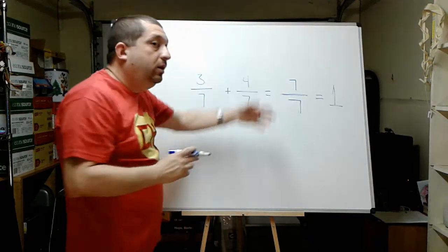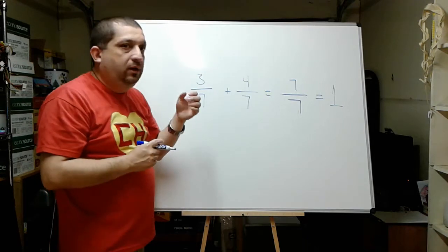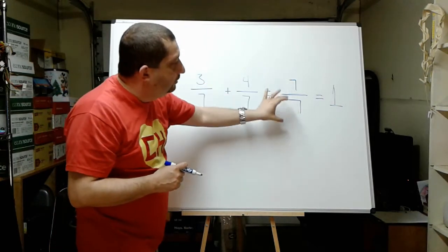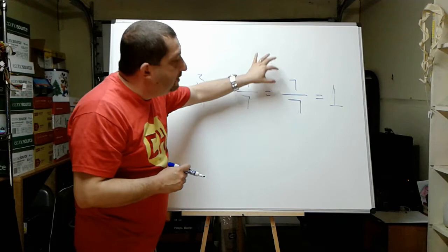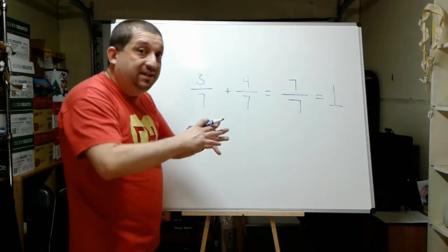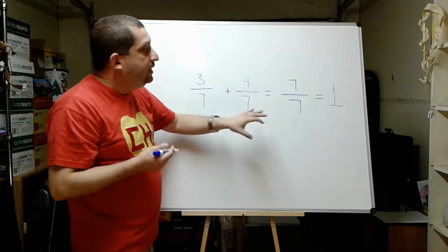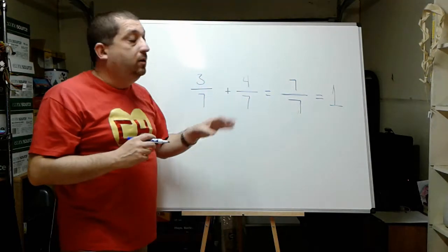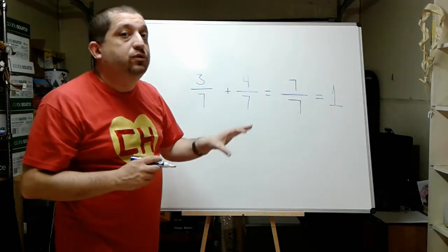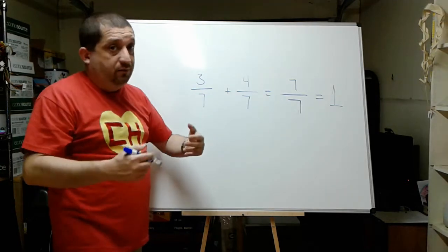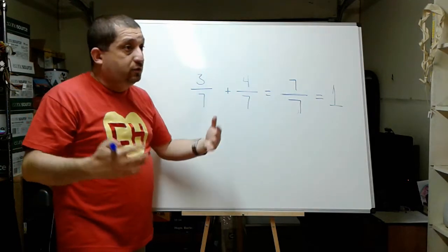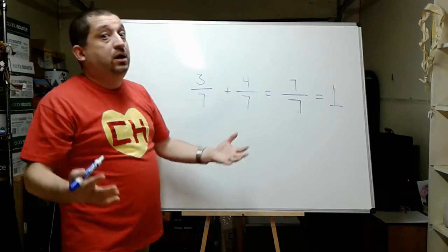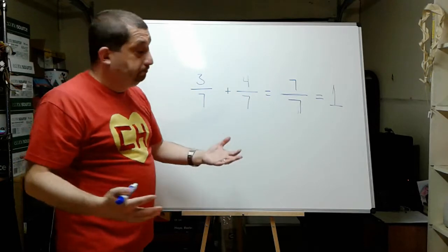In the earlier video about fractions we learned that a fraction is a part of something that is whole. But when you have 7 of 7, you have the entire thing. So every time you have the same numerator and the same denominator, the answer is always going to be equal to 1. 7 over 7 is equal to 1. 8 over 8 is equal to 1. 100 over 100 is equal to 1.